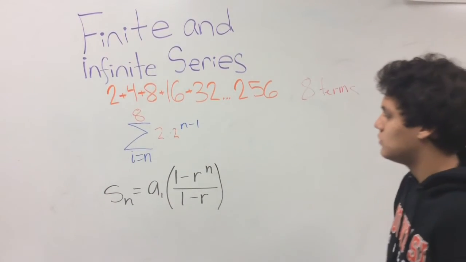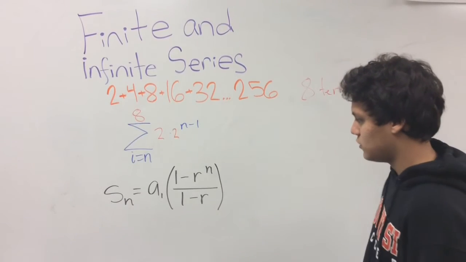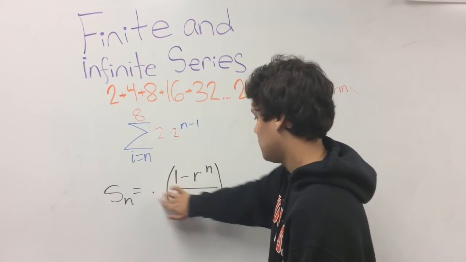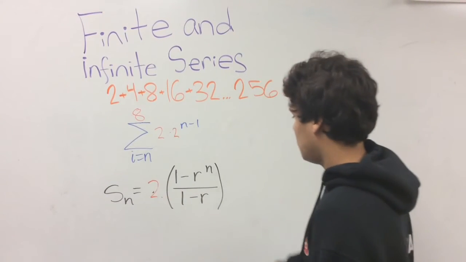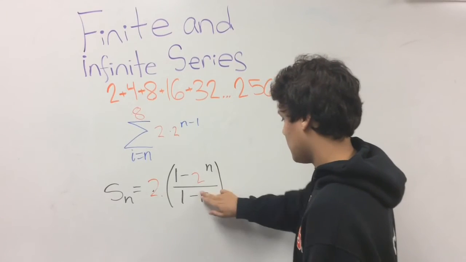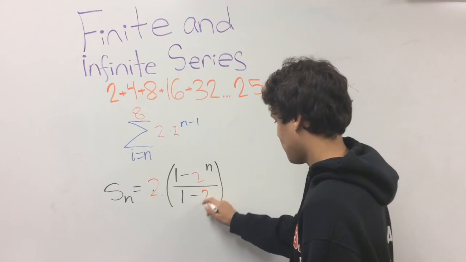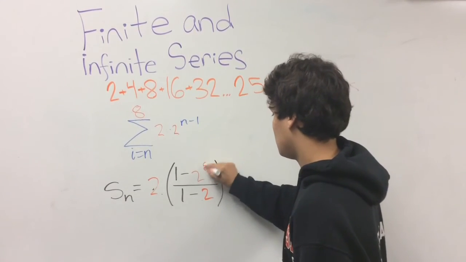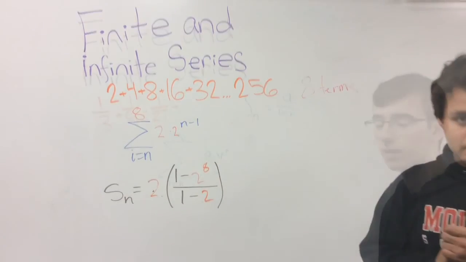But what you can also do to do it by hand is you can use this equation. Using this equation, it would be a1, which is 2, and then the common ratio, which is 2, and then again 2 over here, and then n is the number of terms, so it would be 8, and then you can solve that to get the answer.